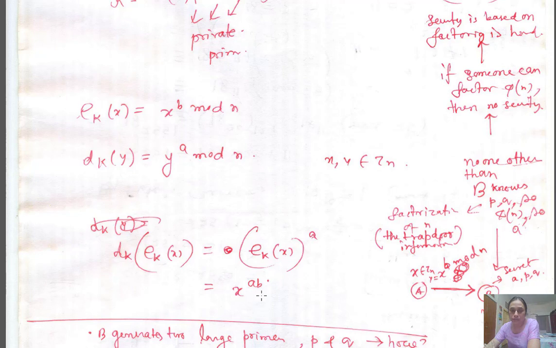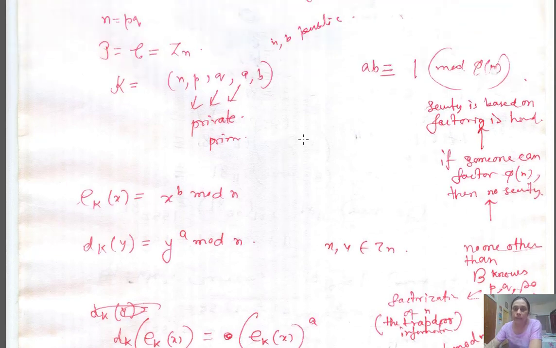Since a is the secret key and b is the public key, they are related by the congruence: the product ab is congruent to 1 modulo phi n. We choose b from 1 to phi n and then find the modular inverse of b, that is a.